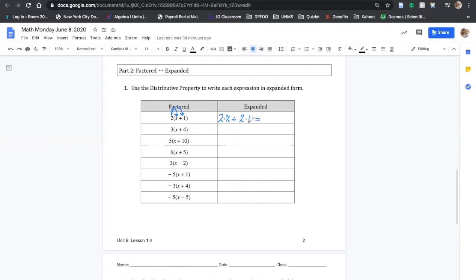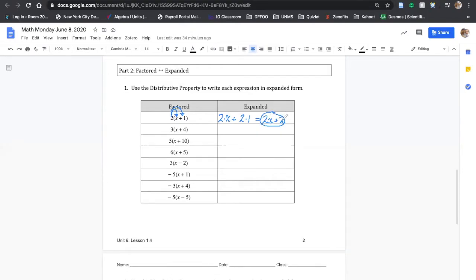Now this one is pretty simple, but I'm just writing all the steps out to show you, right? So 2 times x is equal to 2x plus 2 times 1 is equal to 2. Now, this is our final answer, right? I cannot do anything else with this. These are not like terms, so don't try to add them together.